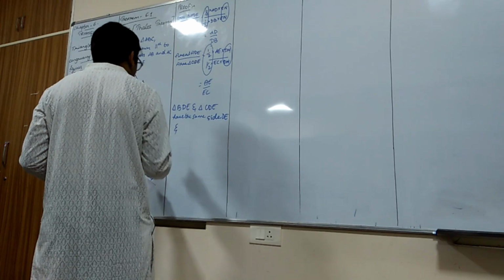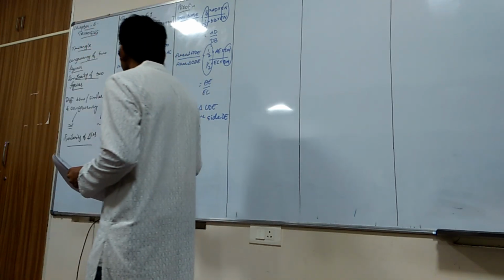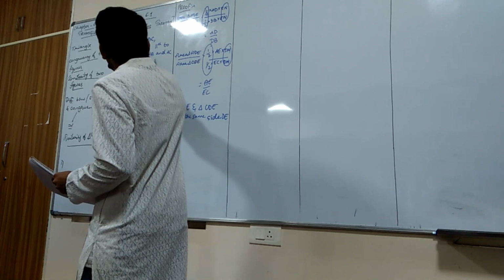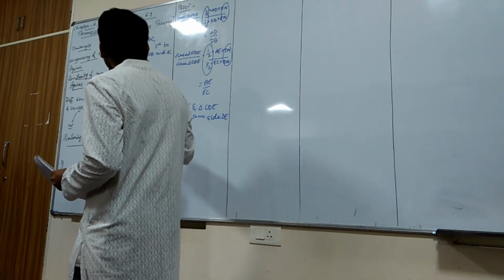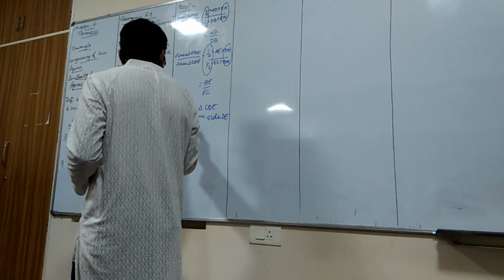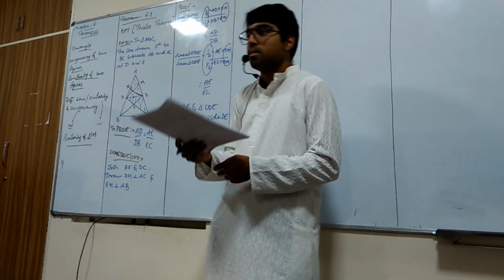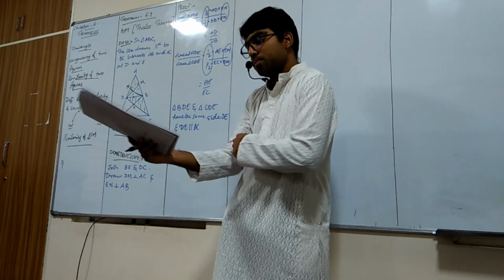And what have they given? A triangle ABC. What all have they given as parallel? DE is parallel to BC. Okay. Next.